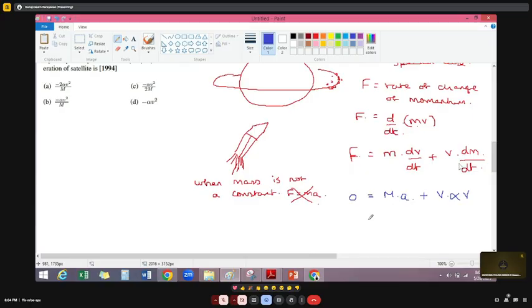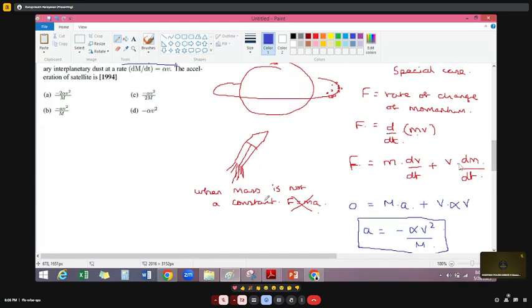That means A is equal to minus alpha v square divided by m. You see, it's very easy if I know the underlying principle. If I don't know that when mass is changing, and I still use F is equal to ma, then it will go wrong. So that means alpha v square divided by m. I think this will be the correct answer. These options are also looking very similar, but this is the correct answer.